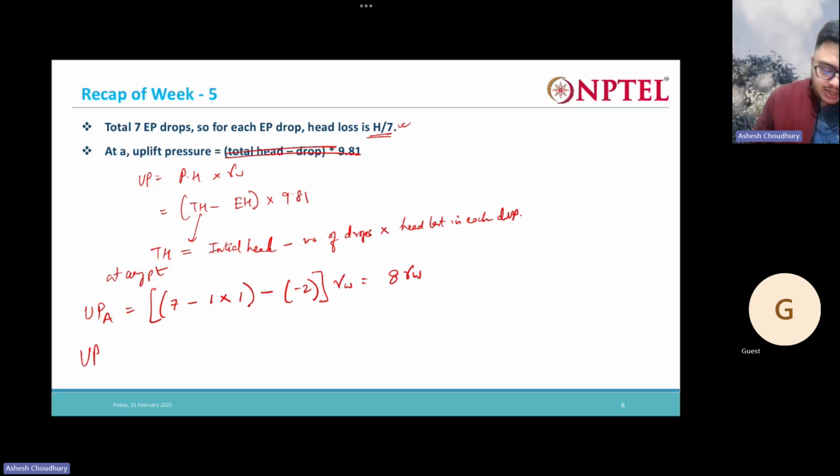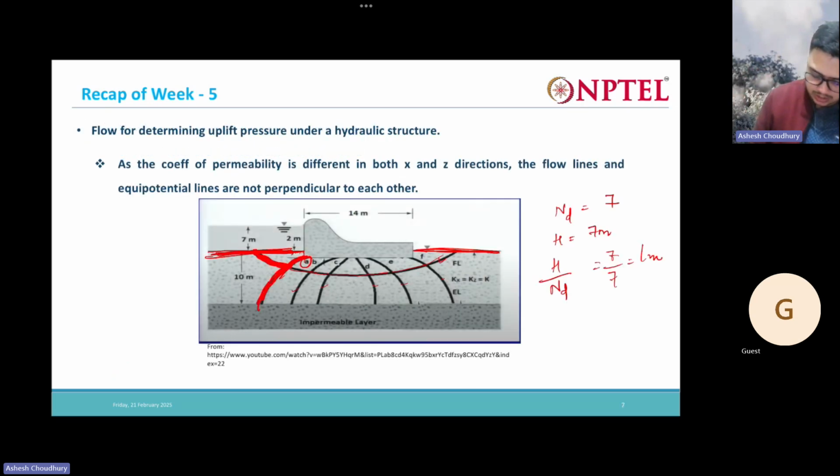Similarly, if I want to write the uplift pressure at F, the initial head was 7, and the loss happens from 7. How many drops until we reach point F? One drop, two drops, three drops, four drops, five drops, six drops. So F is on the sixth equipotential line, so it has to undergo 6 drops.